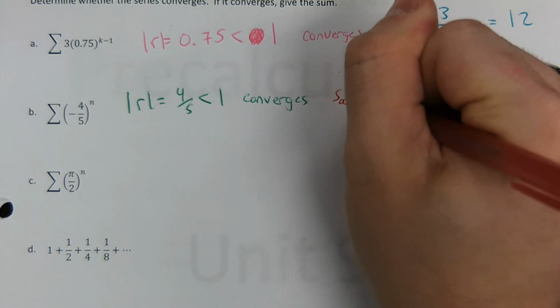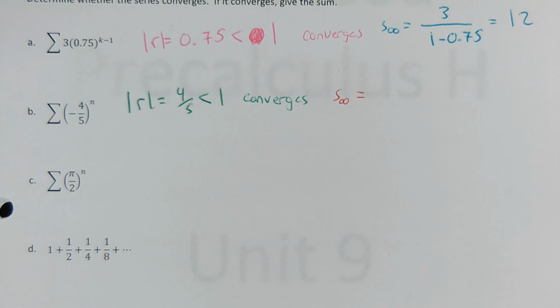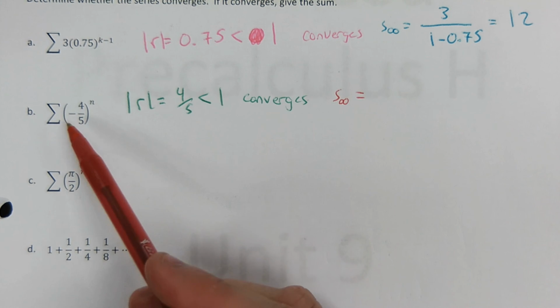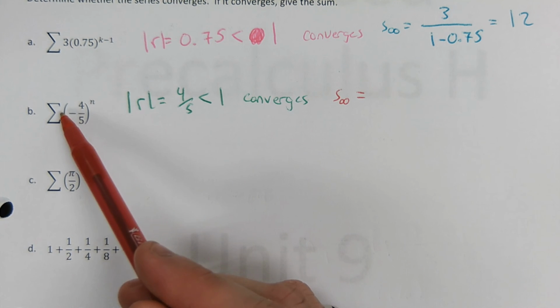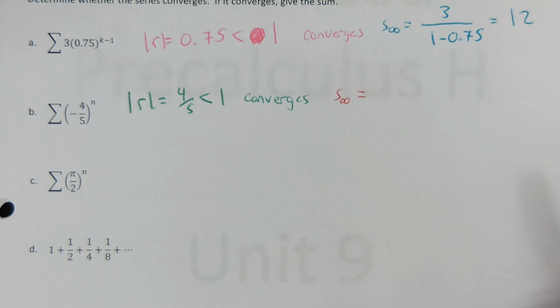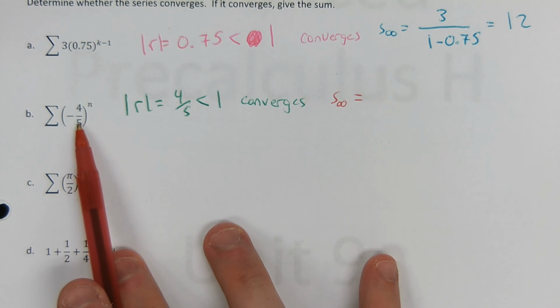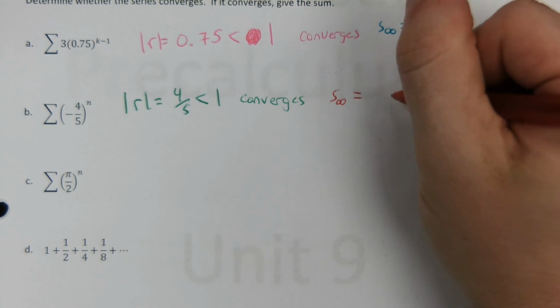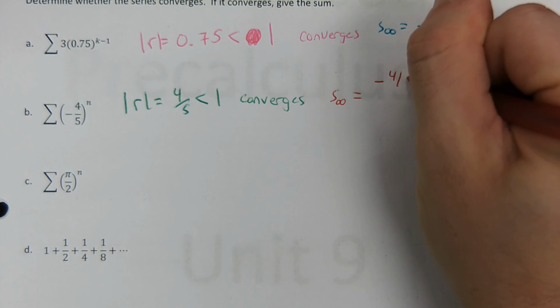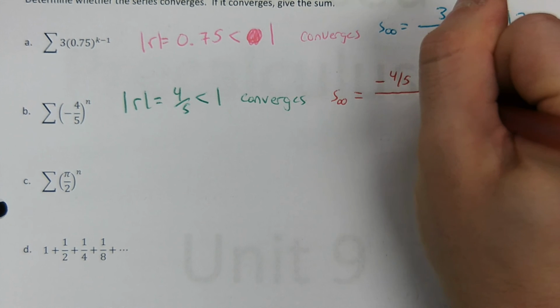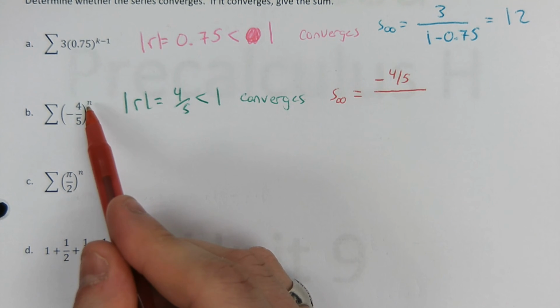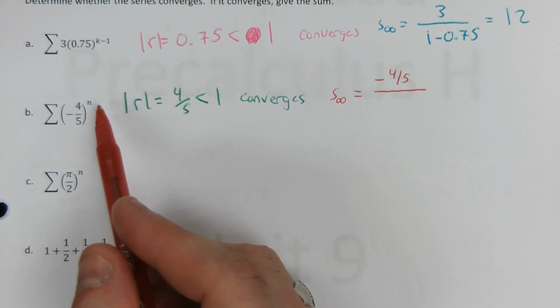I can tell you that this time a sub 1 is found again by plugging in n equals 1. It's not the value sitting in front of the common ratio. Remember, in front of the common ratio is 1. But if you plug in n equals 1, what you get is that a sub 1 is -4/5. Because you plug in n equals 1 to find your first term, which is what we did up there also.